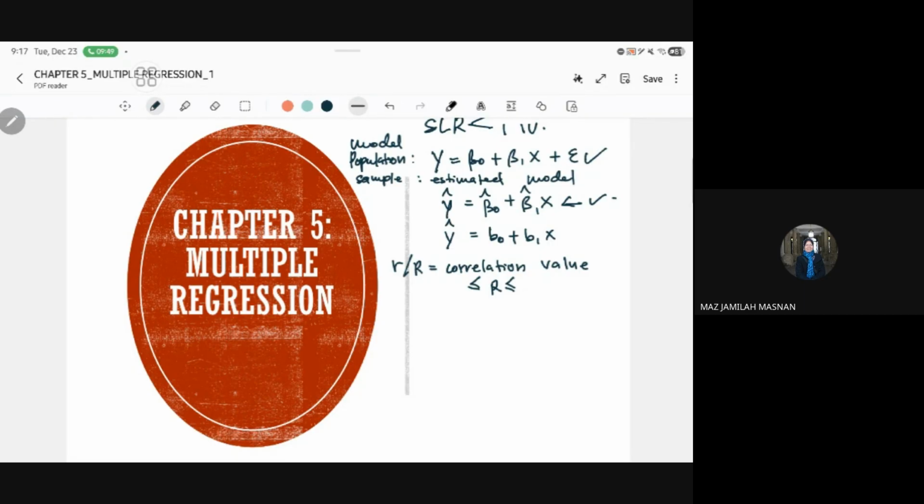Give me the range of the R value. Class, someone, please. Hurry up, please. What is the minimum value of R?